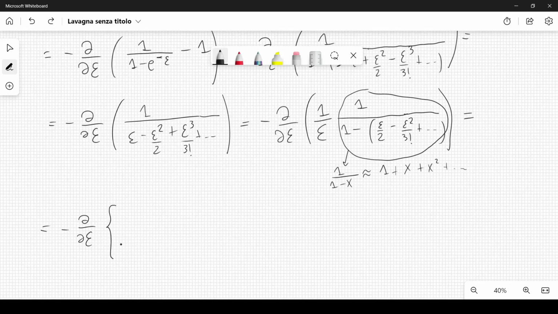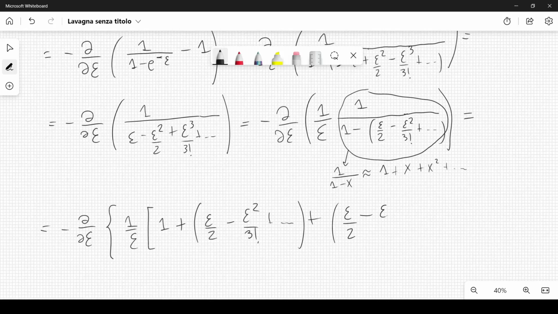Here I will put this curly bracket, 1 over epsilon, square bracket, then I have 1 plus x, which is epsilon over 2 minus epsilon squared over 3 factorial plus dot dot dot, plus epsilon over 2 minus epsilon squared over 3 factorial plus dot dot dot, squared plus dot dot dot. Then I close the brackets.